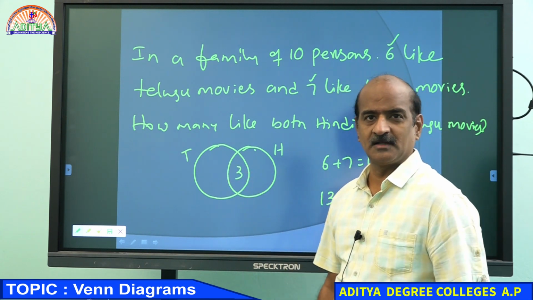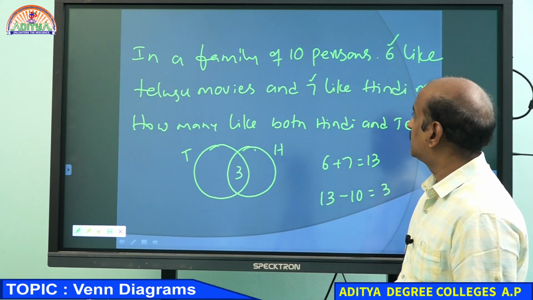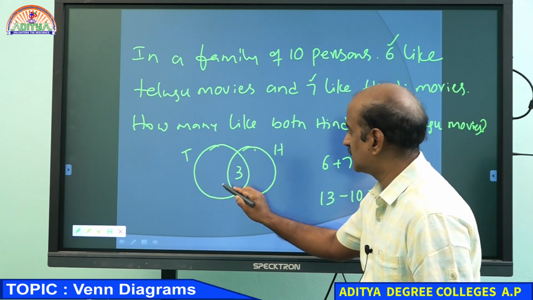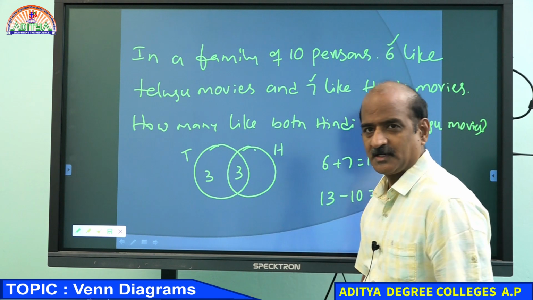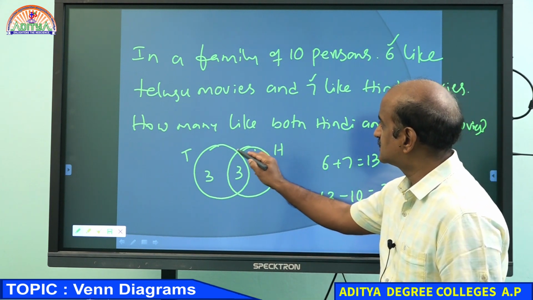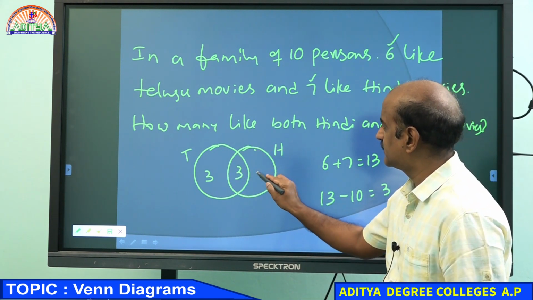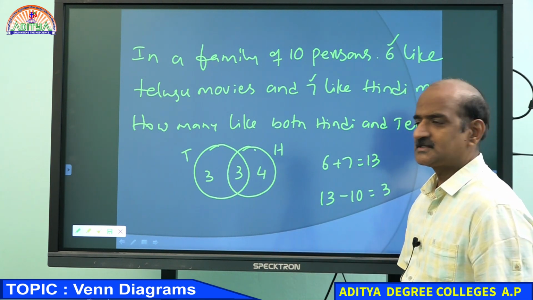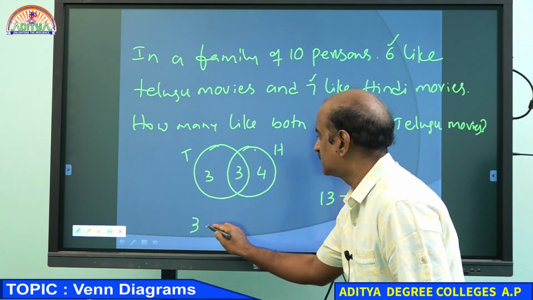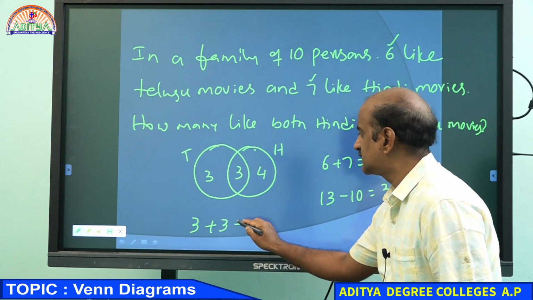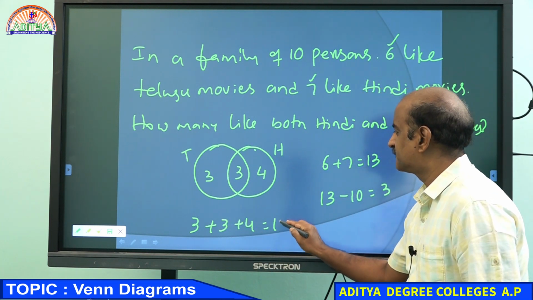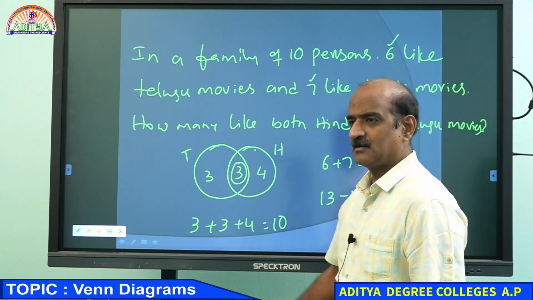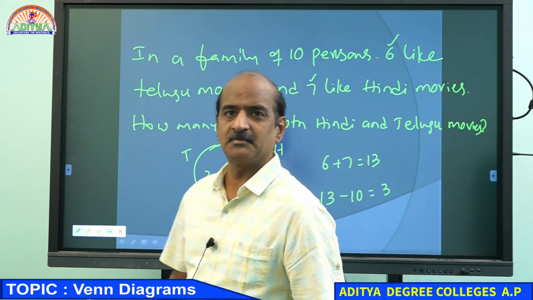Now, 6 people like Telugu, 3 are already there, so we can take the remaining 3. 7 people like Hindi, 3 are already there, so we can take the remaining 4. I hope you understand this. The total number of people is 3 plus 3 plus 4, that is 10. And the question is, how many people like both these languages? That is of course 3 people.